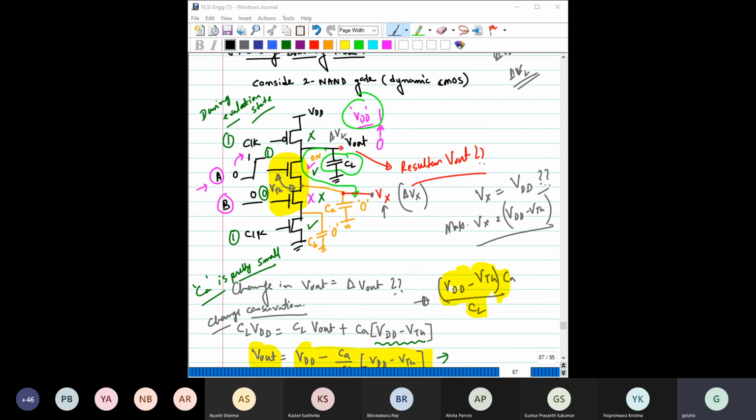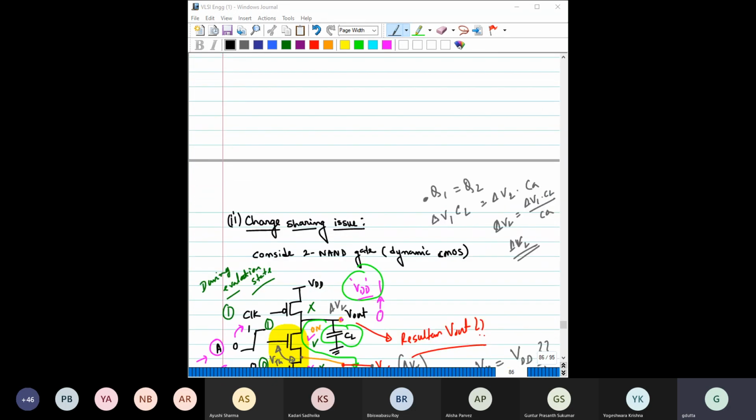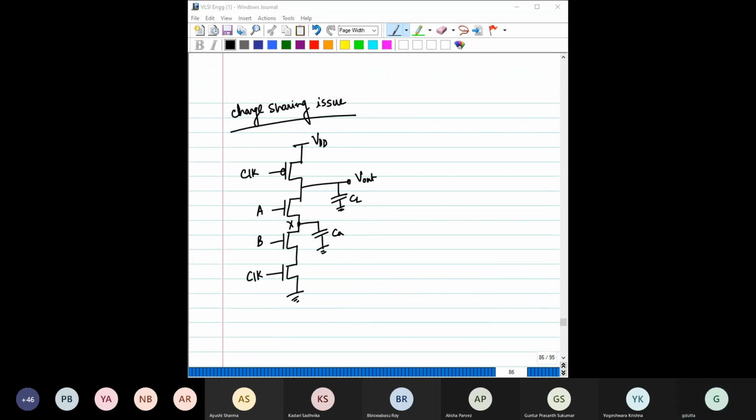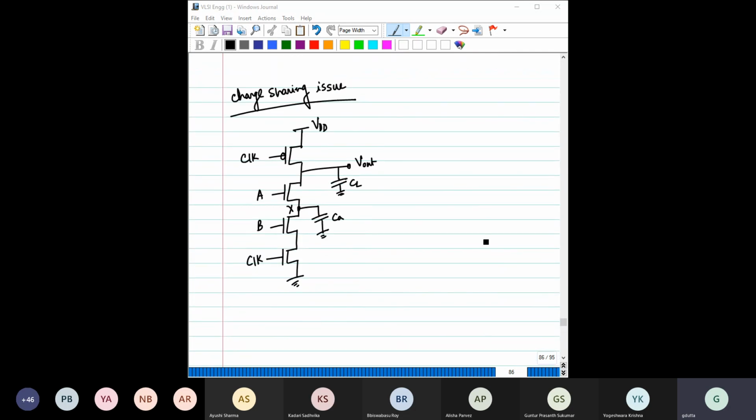Some of you had some doubt yesterday, so let us start fresh from here. Charge sharing issue. This is a dynamic CMOS logic gate, and you know this is a 2-input NAND gate in dynamic CMOS. You can see there are 2 inputs.